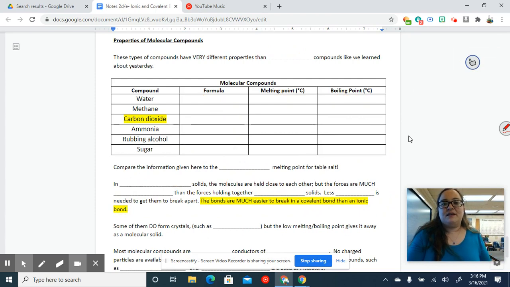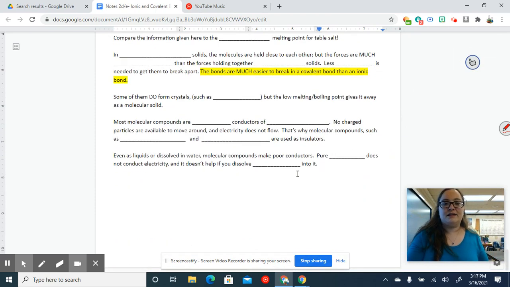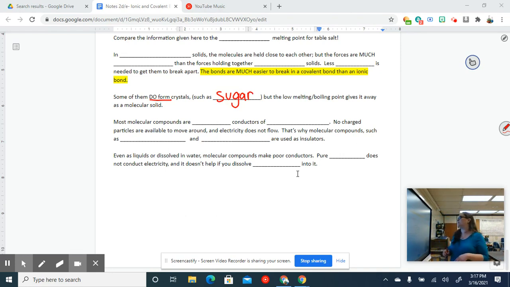So we said that the properties of ionic compounds are that they have a 3D crystal shape, a high melting point, and they conduct electricity in water. So let's talk about that with molecular solids. Some of them do form crystals. Sugar, of course, forms crystals, and there's a couple of others that do. But as soon as you try to melt it or boil it, it'll give it away in a heartbeat that it's not an ionic compound.